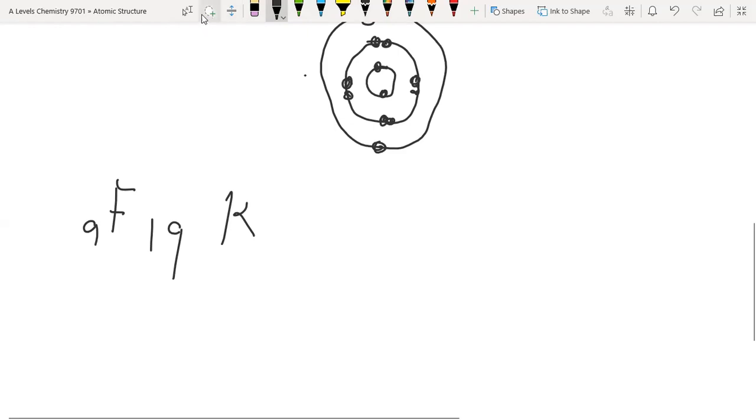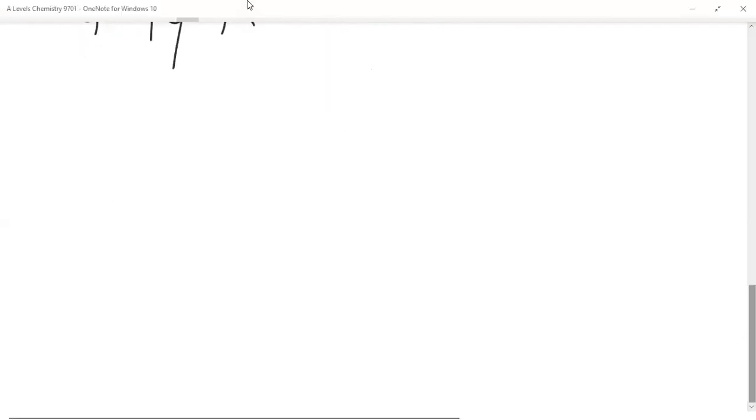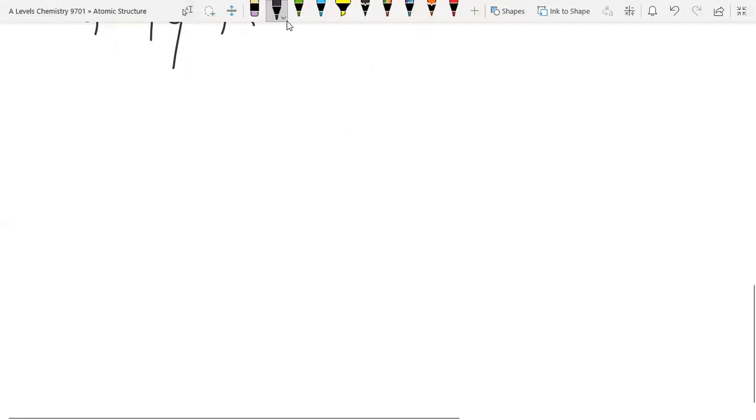To answer this question, ionization energy was used as the evidence for such kind of electronic configuration. First of all, what is ionization energy?